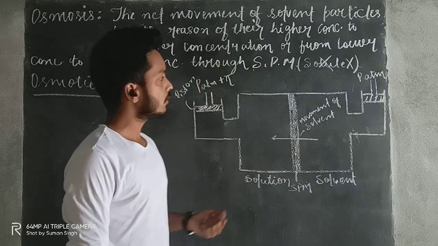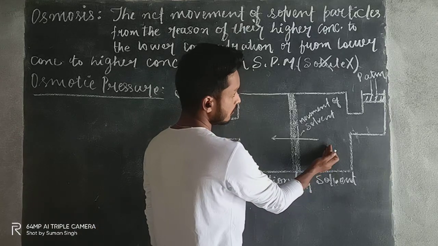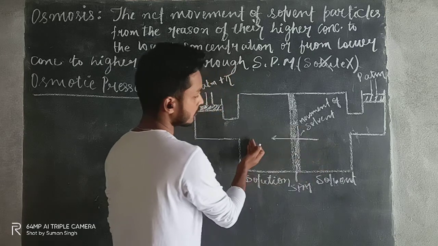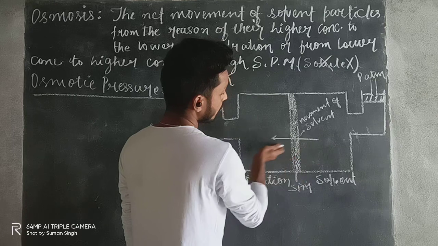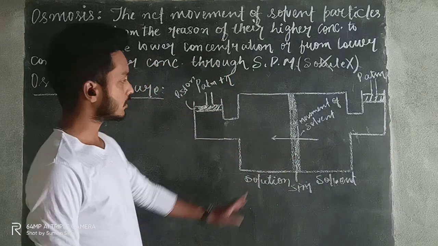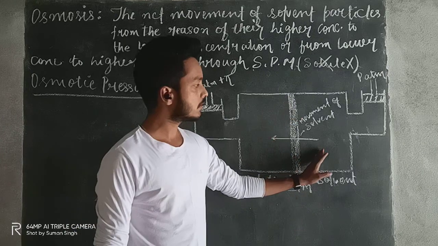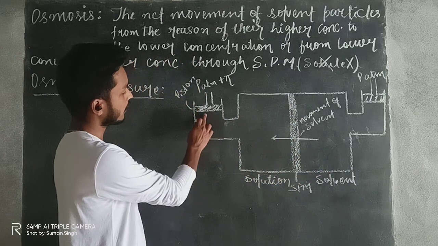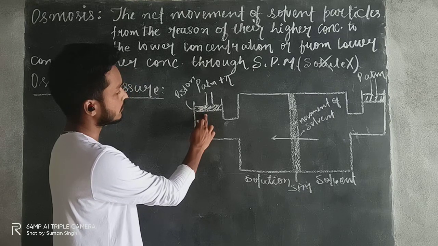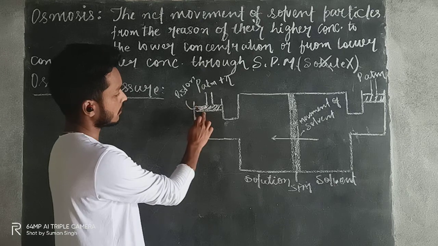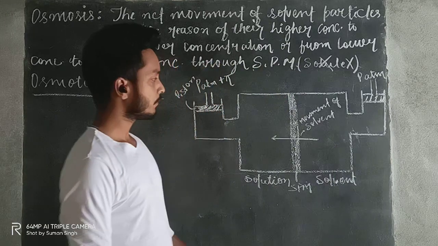According to osmosis, there will be a movement of solvent particles from the lower concentration of the solution to the higher concentration of the solution through this semi-permeable membrane. We have taken two containers and attached a piston to each of them.